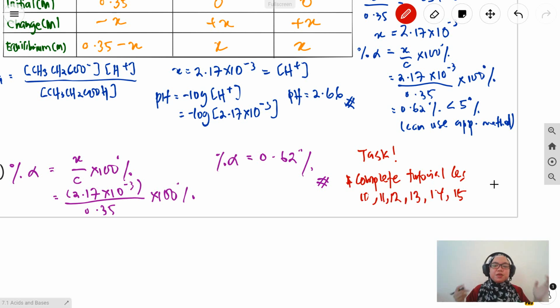Okay? Alright. So soalan 10 sampai 14 ni is related to the explanation and tutorial from part 1 punya 7.1. Okay, 7.1 part 1. So maksudnya kita dah cover lah. Okay, sorry, 15 is not. Until 14 only. So yeah. So this is your task.